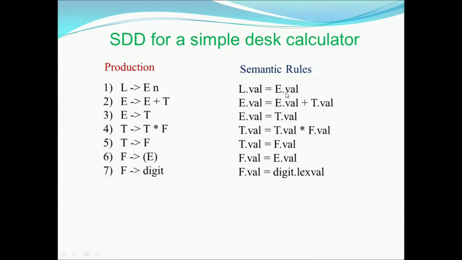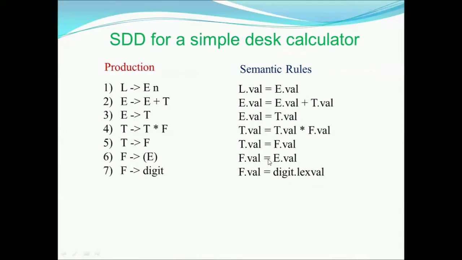It means that the attribute value associated with E is passed to L. In the second rule, E tends to E plus T, you have two children, E and T. The values associated with E and T are val. Once the left is evaluated, and then the right, finally it gets evaluated. Similarly, E tends to T, the value of T is passed to E. Similarly, every other node gets evaluated.